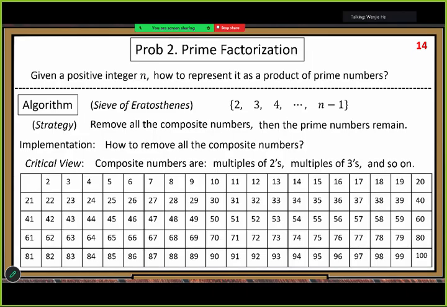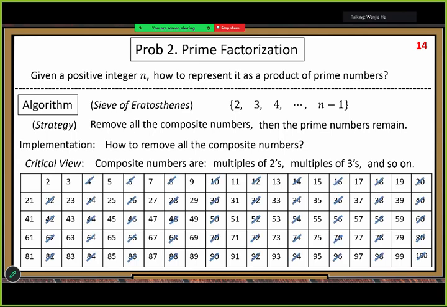So they organize their data in this large table to do the work.